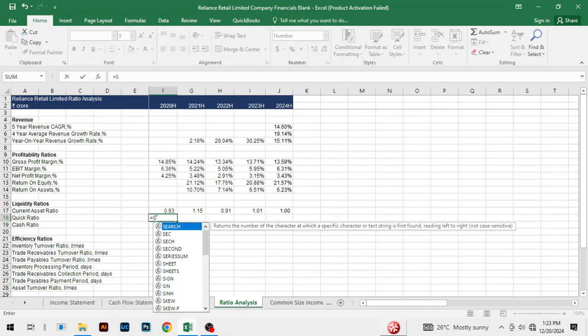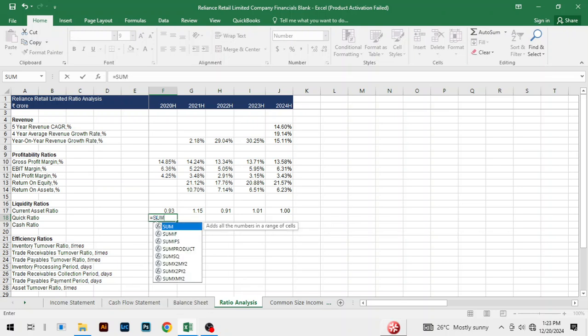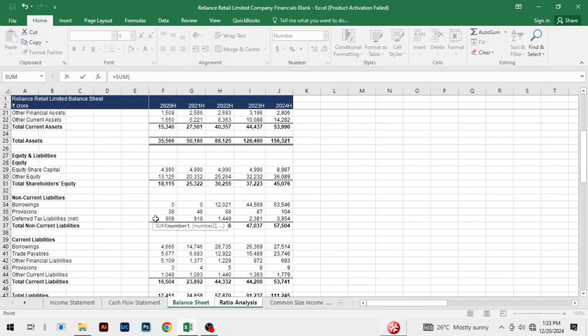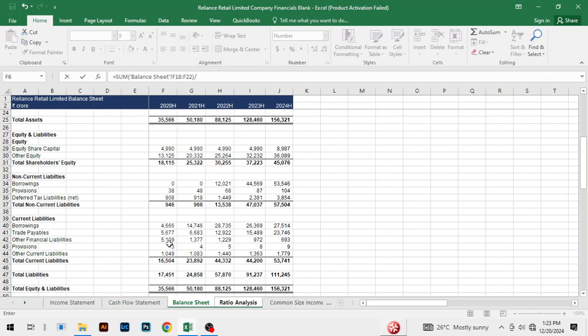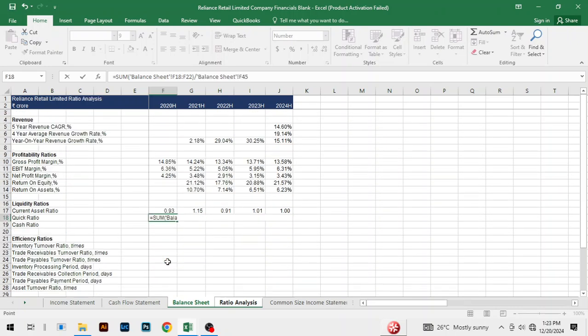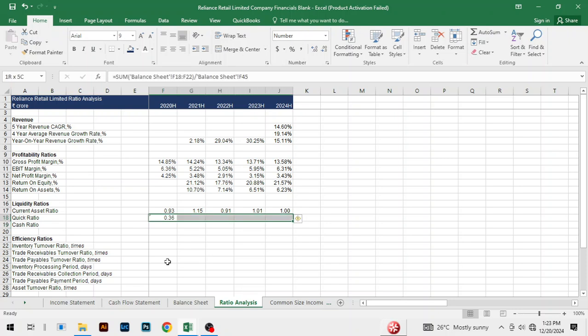So here we are just going to exclude the inventory under the current assets. We take a sum of all this here and then divide that by our current liabilities here, and then we copy that to the right.